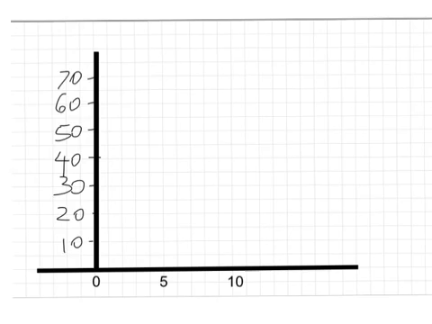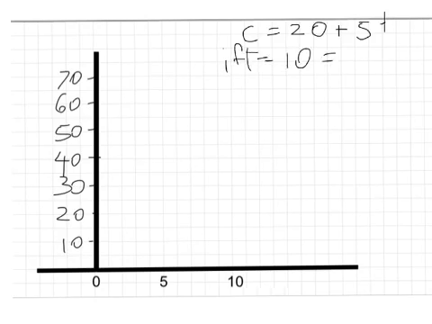First thing I want to do is I'm going to put in what it is for 10 hours. So my rule is C equals 20 plus 5T. So what I'm going to ask is, if T equals 10, what is going to be my cost?